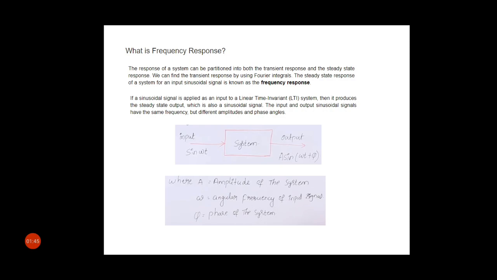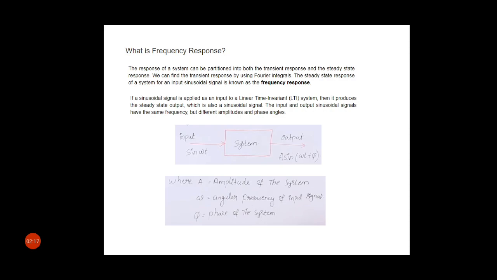So here, our input is sin omega t and the output is A sin(omega t plus phi). A is the amplitude and omega is the angular frequency of the input signal. The same frequency is maintained at the output also.